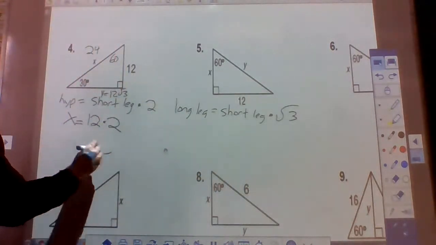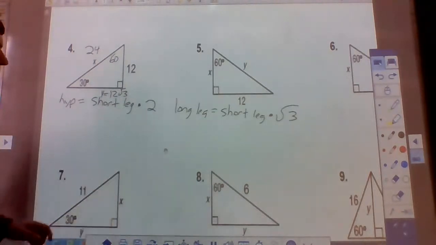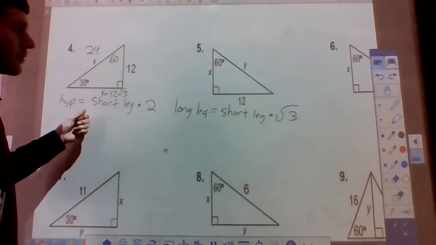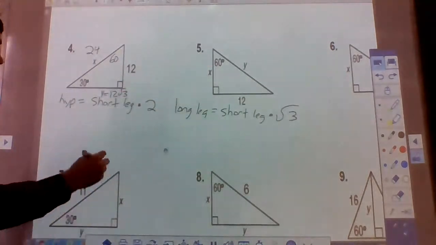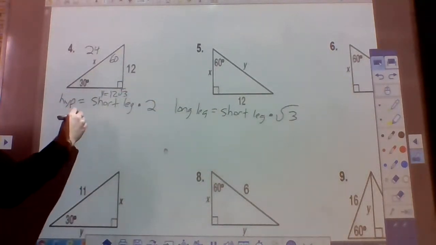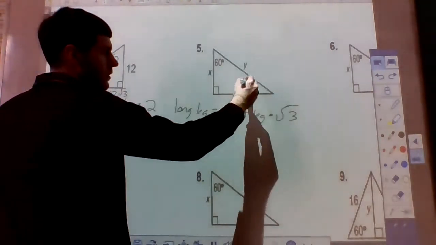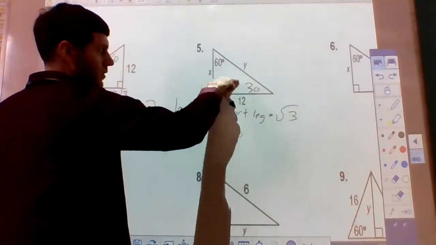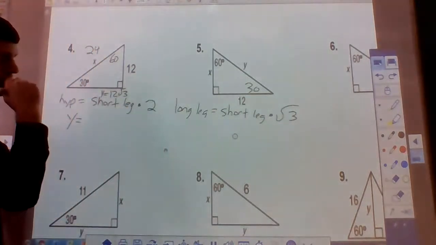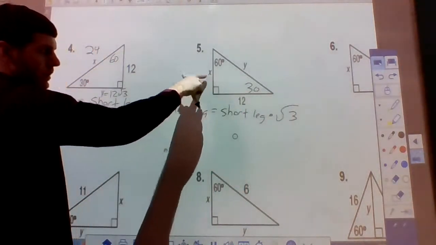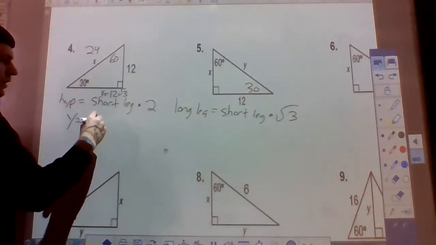Number 5. The hypotenuse is y. The short leg is going to be x. That's our 60, so that means that's our 30. Opposite the 30-degree angle is x. That's our short leg. So y equals x times 2.